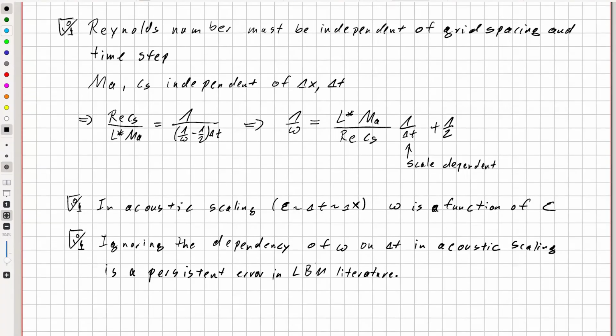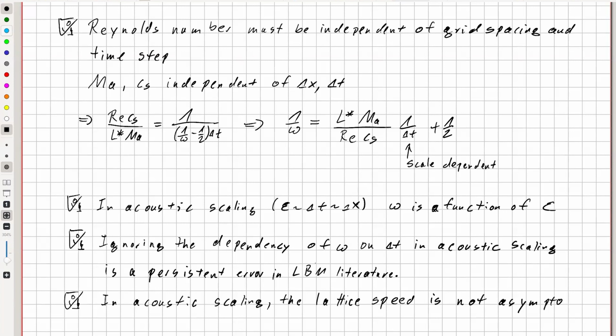So there is another problem with this. In acoustic scaling, the lattice velocity or speed is not asymptotically small, because delta x by delta t is actually constant.